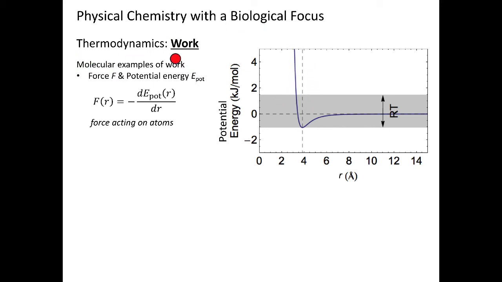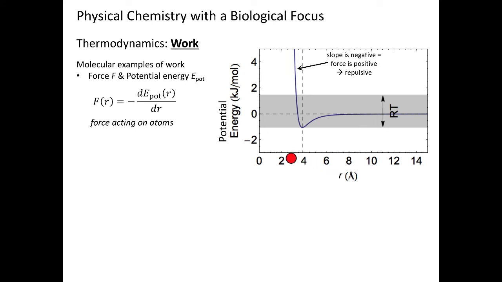Now let's look at that. So this is the potential energy curve. Then we can write out what the force is. The force is nothing else but the negative derivative of that potential energy. This is the force that would be acting on these atoms, either pulling them together or pushing them apart.